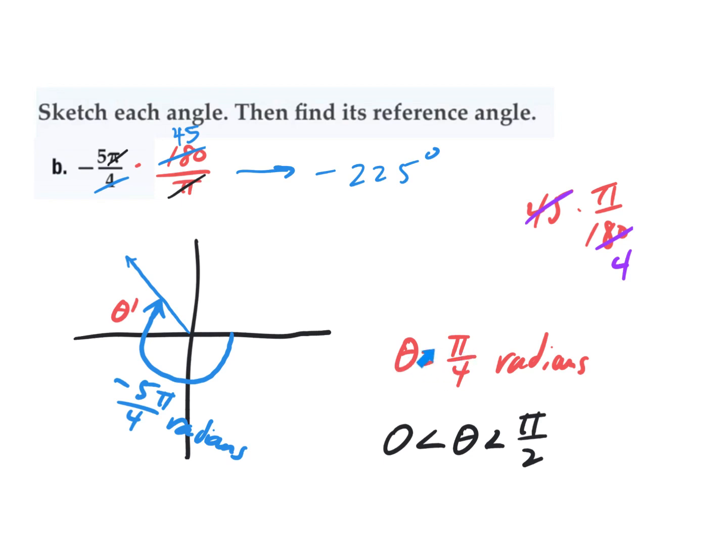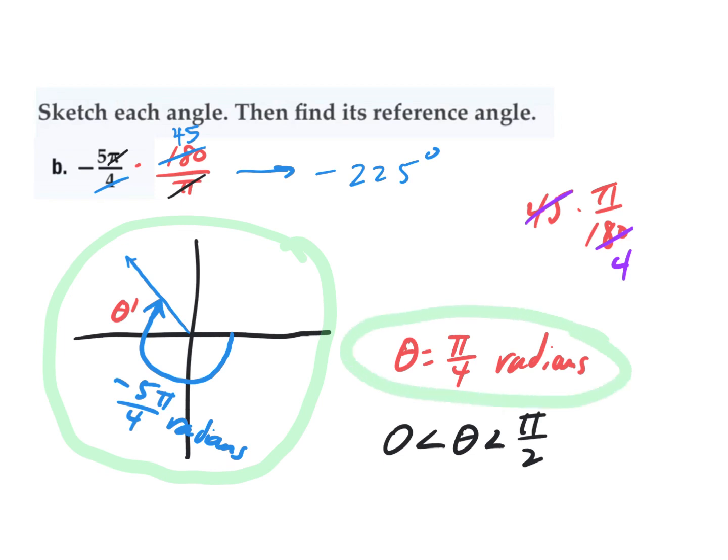Because normally we think of it between 0 and 90. Well, this is 0 and 90. So pi over 4 is in between 0 and pi over 2. So we're good that we're acute there. So what if it's not? Well, then you did something wrong. So I need 2 things for this. Oh, and I need to make one change. Sorry. Theta prime is pi over 4. Okay?